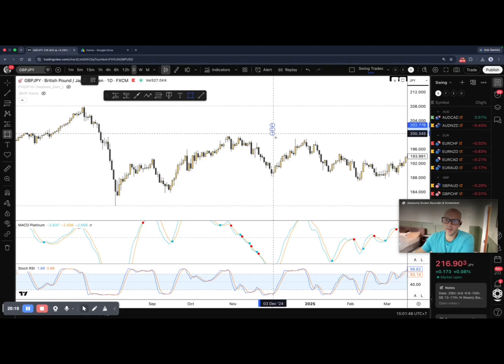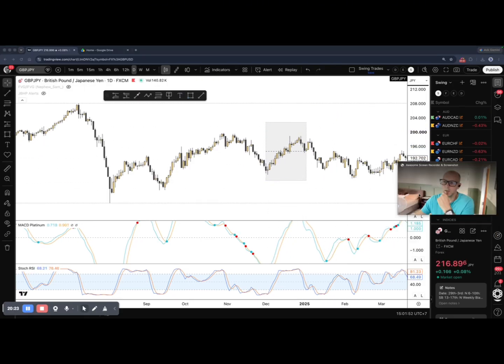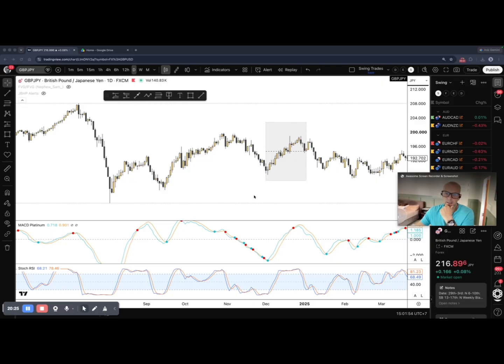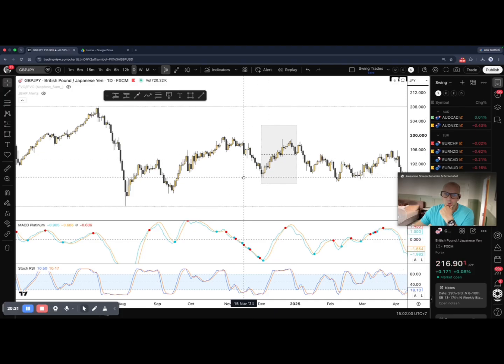And I'm just going to highlight this so I don't forget it, and take a look at the MACD, which is, yeah, just here. So it's clearly an oversold position. It's way below the zero.